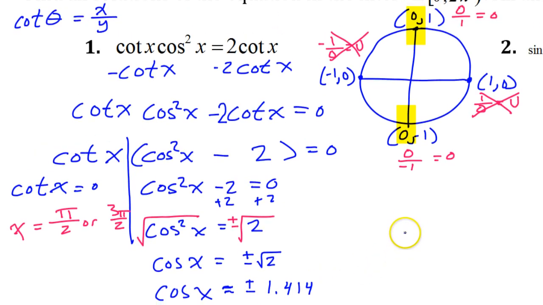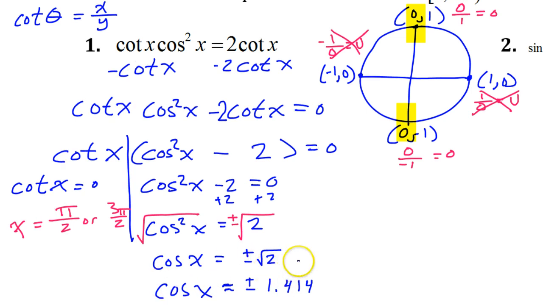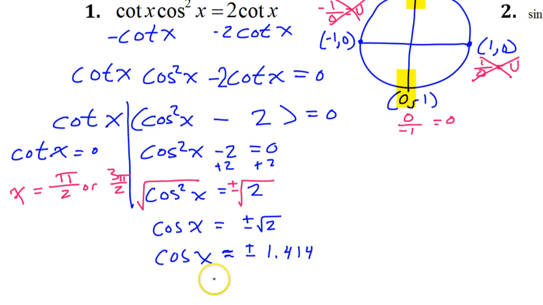Well, the maximum value of cosine is 1, and the minimum value of cosine is negative 1. It doesn't get any bigger or smaller than that. So there is no angle that's going to give us 1.4 or negative 1.4. All right, that's outside the range for cosine. So we won't get any solutions from this side.